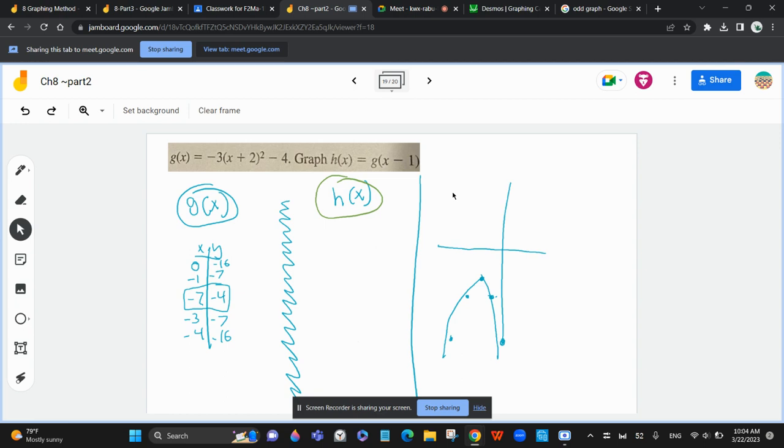So if you want to construct a table again, actually the y value is not this one. This one should be x minus 1. And then we plug in the g of x minus 1.